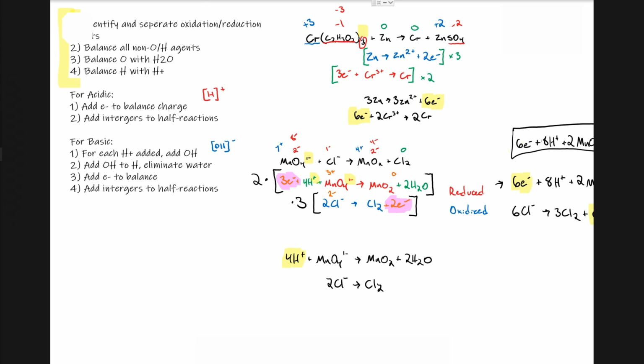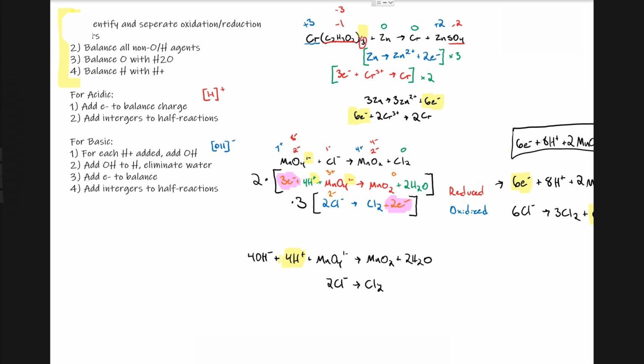So in order to compensate for that, if you're in basic conditions, you can still get to this point the same. It's a lot harder if you do it a different way. So just come to this point, and then for each hydronium ion added, add a hydroxyl group. So all we have to do is add 4 hydroxyl groups.